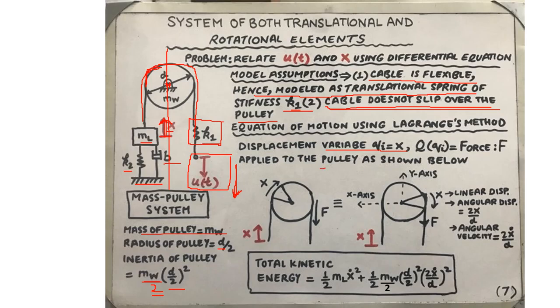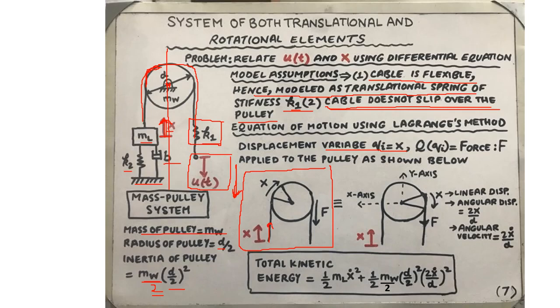So consider the situation as shown here, that the end of the rope where the mass is connected has linear displacement x, shown vertically upward.